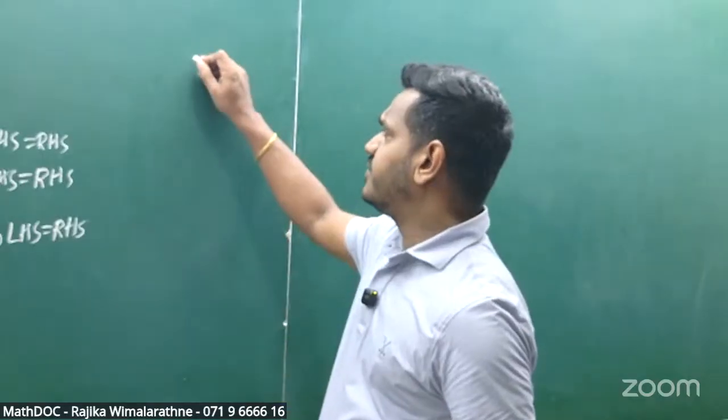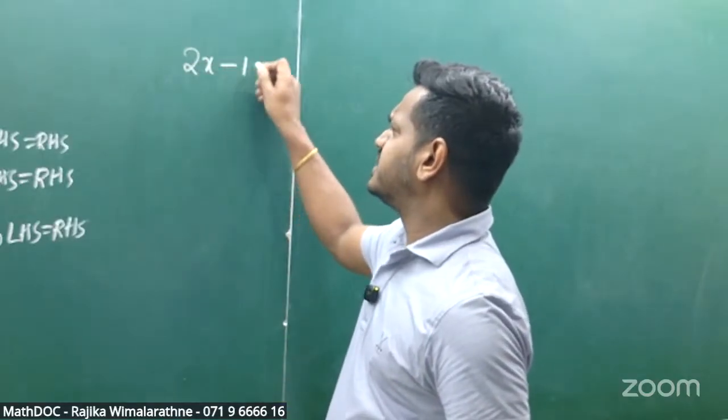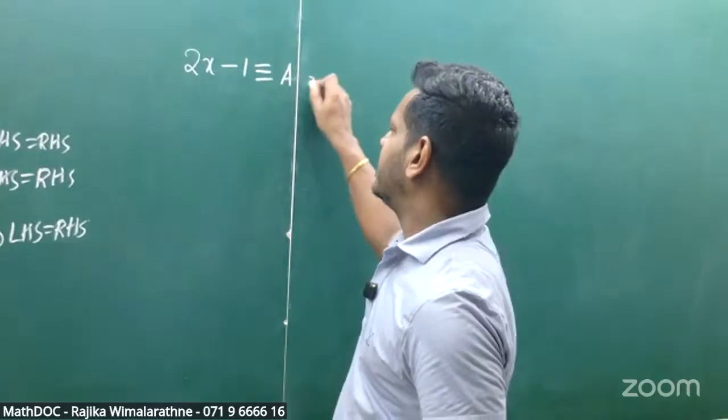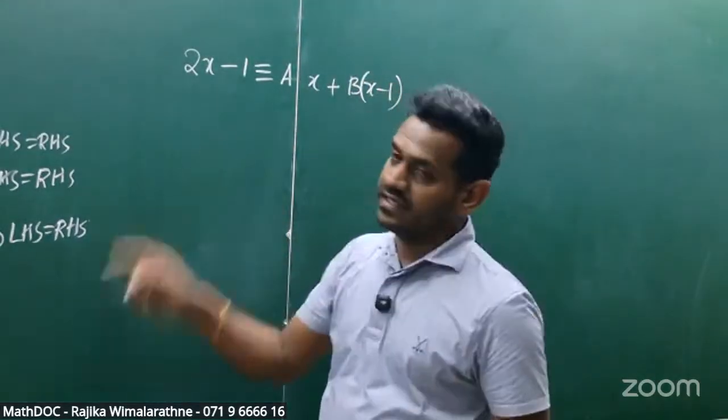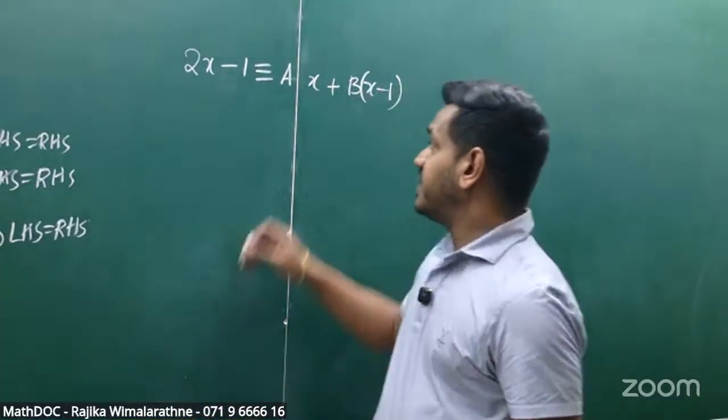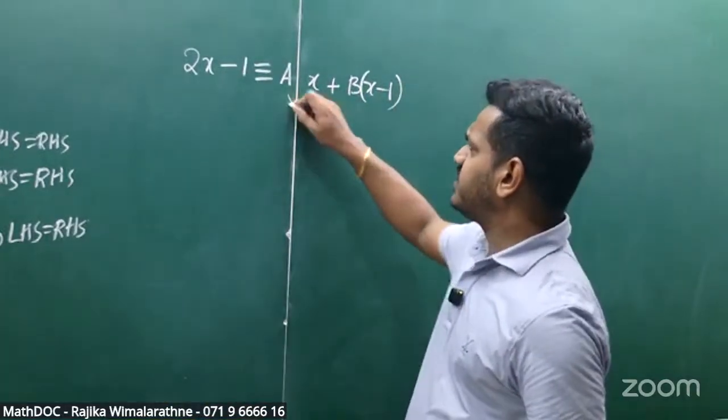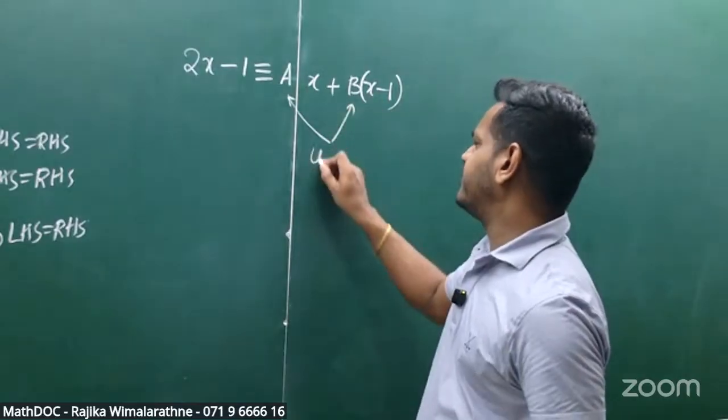Now say this one: 2x minus 1 identical to a times x plus b times x minus 1. This is an identity.